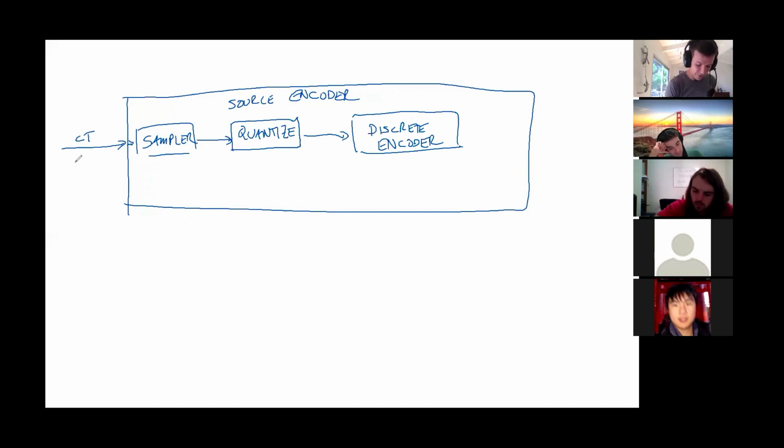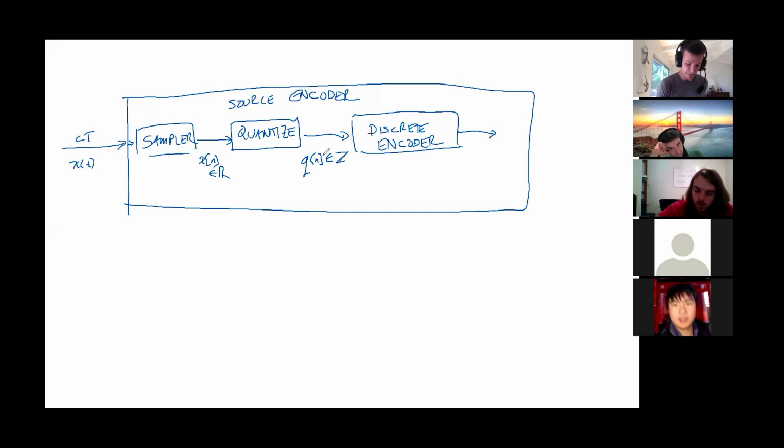So if this was something like x of t, then this sampled signal would be x of n, which would live, say, as some real number. And then the quantizer would represent this with, say, q of n, but that would live in some discrete world. And then the discrete encoder would take those probably bits.